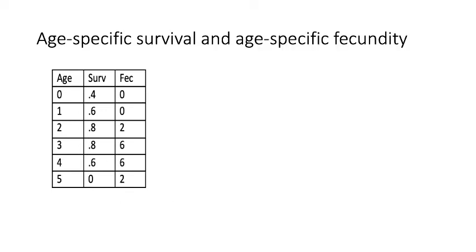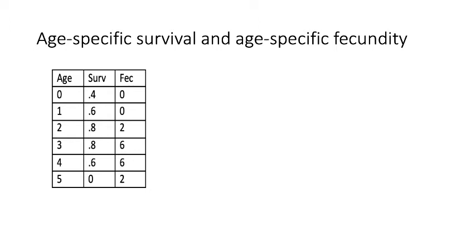There's another super important column in this demographic table, and it's age-specific fecundity, which is another way of saying fertility or birth rate. Basically, this says how many new babies do we expect to be born this year per individual in the age class being considered. For the young of the year age class, it's 0 because newborns generally don't make babies while they're still babies themselves. There may be no babies produced in the second year as well.